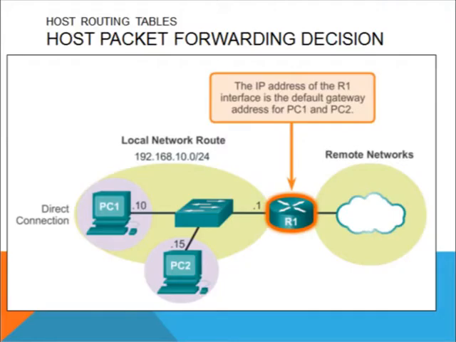Routing in general consists of the transmission of information between different networks. In networking terms, we have a specific word known as packet forwarding. This means how to forward the packet from the source to the destination.